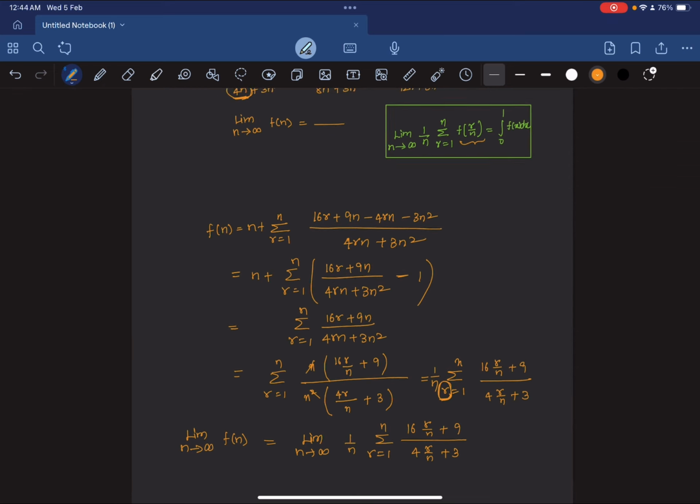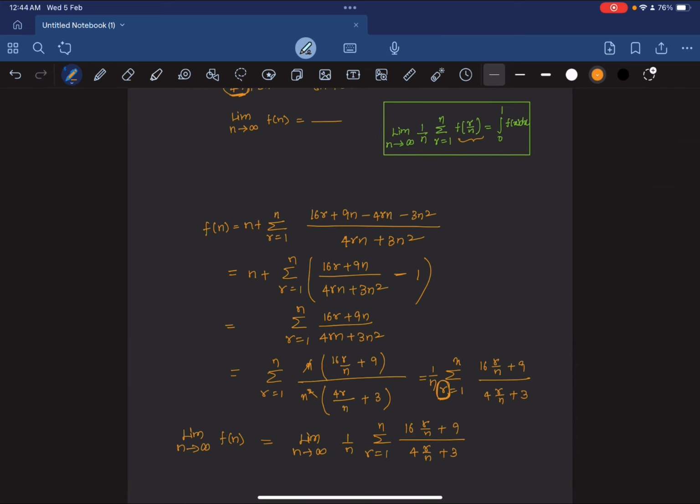Alright, now if you compare this formula, you have limit n tends to infinity, 1 upon n, sigma r runs from 1 to n, and here you have f of r upon n. So your f of x will be (16x plus 9) by (4x plus 3), and when you put x equal to r upon n, you will get this particular thing.